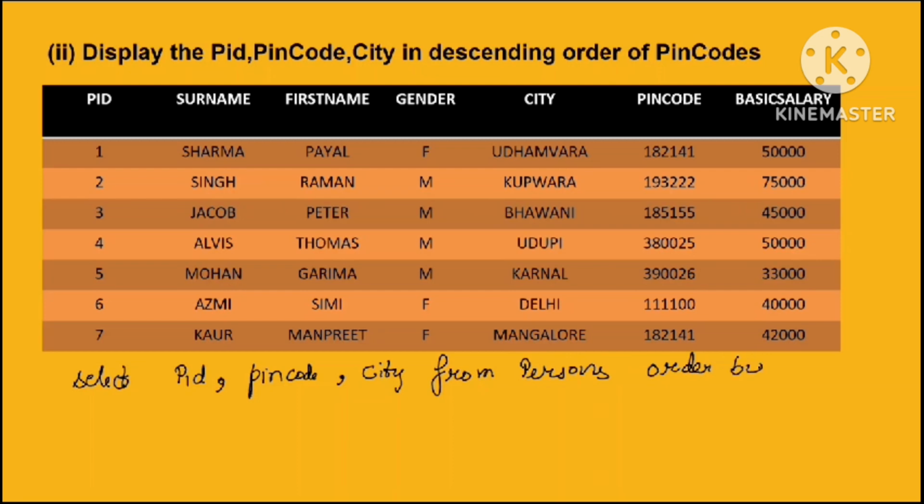A space should be there; a common mistake is that people do not write the space. So order by pin code, DESC, which is descending. By default order by will give ascending order, so we will write the DESC clause. So order by pin code DESC.